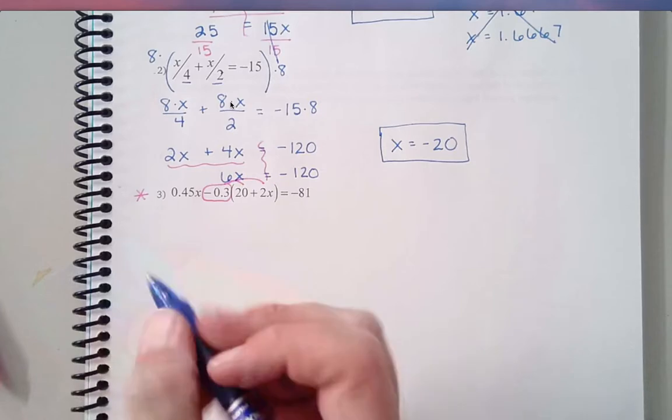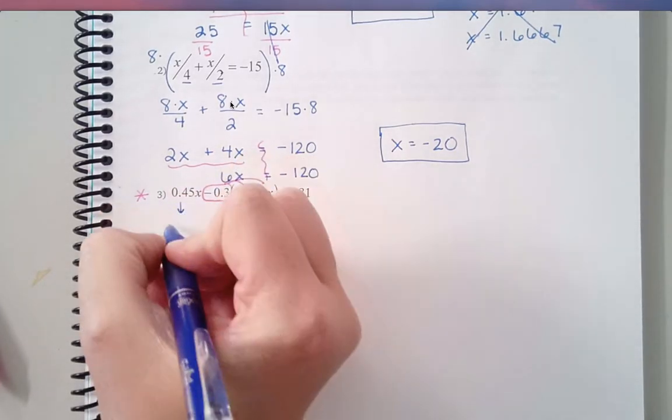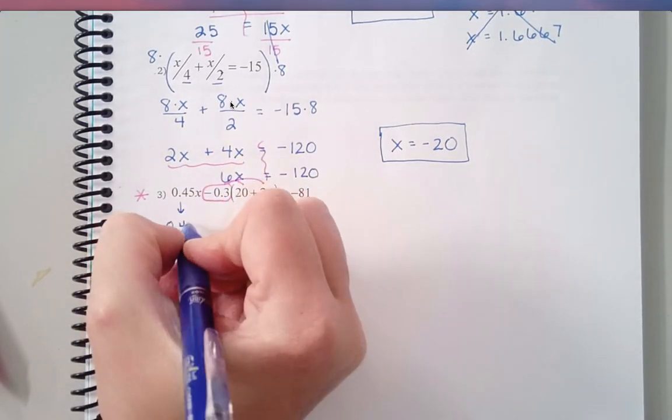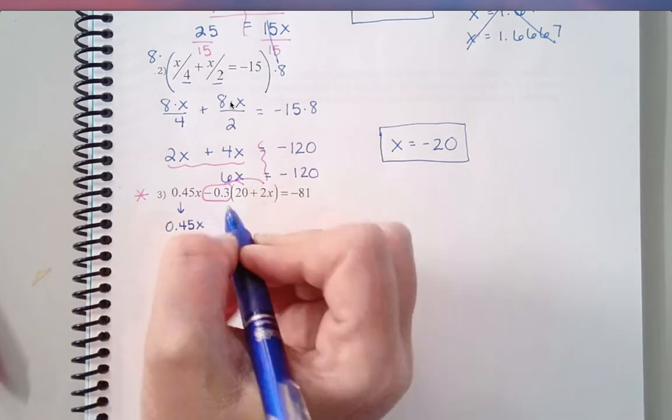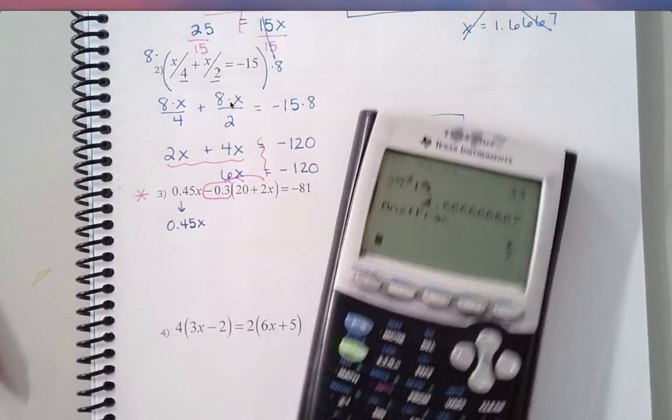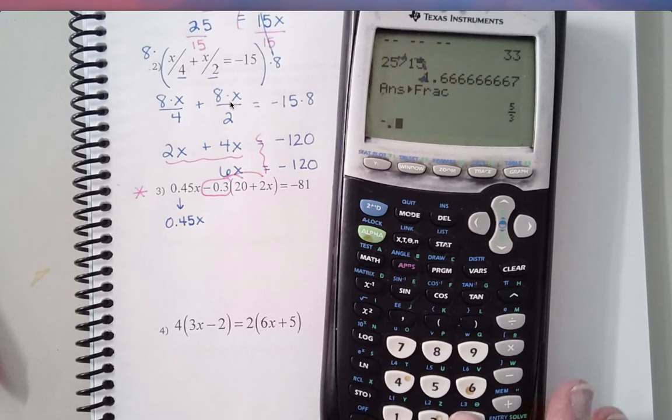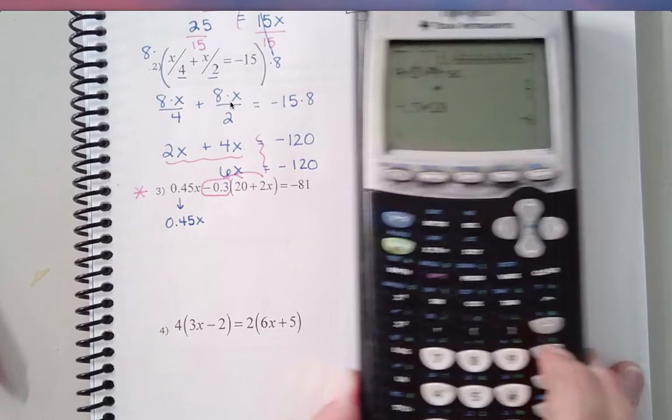So if I were to rewrite this thing, the 0.45x is going to stay exactly the same. And then I'm going to do negative 0.3 times 20, and I end up with negative 6.